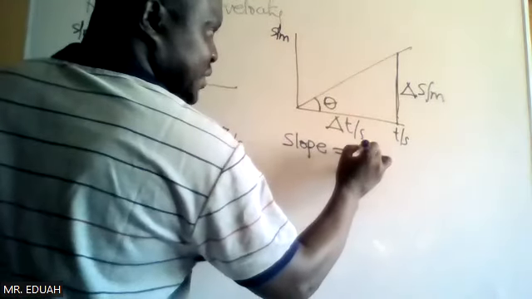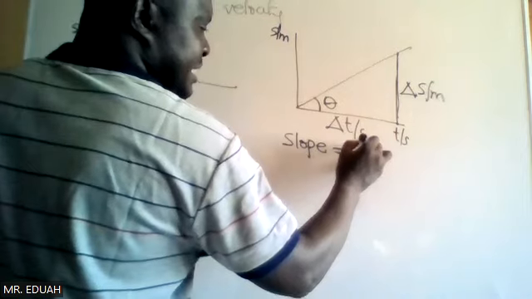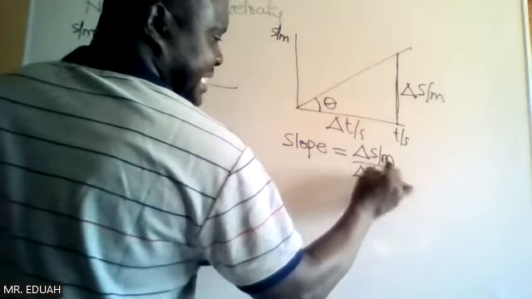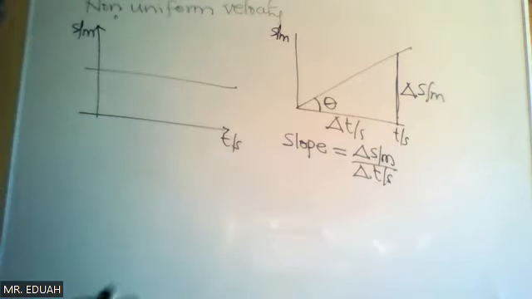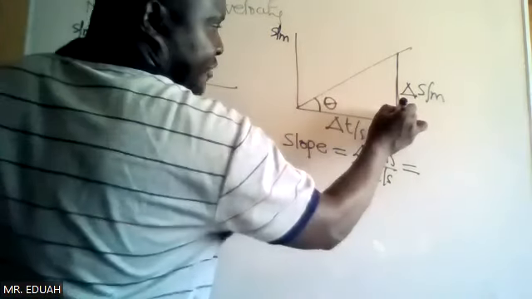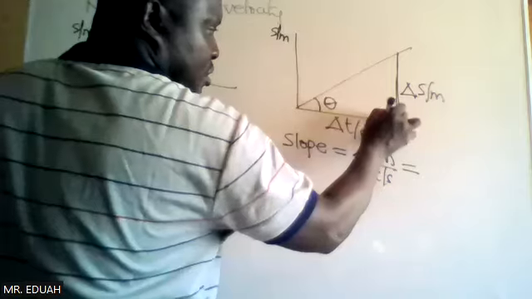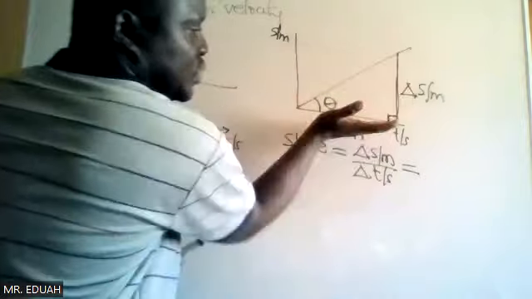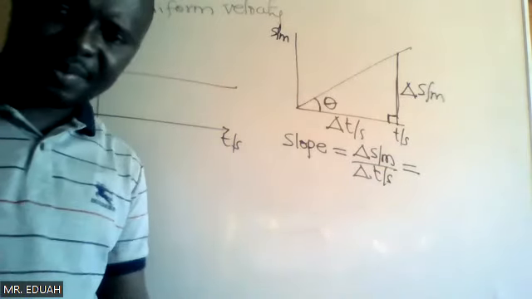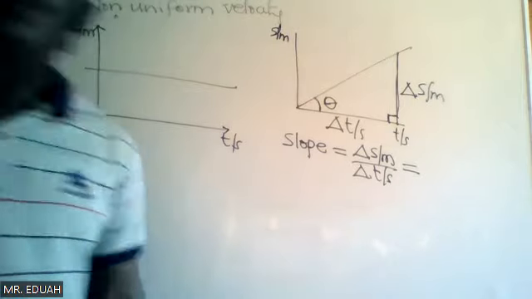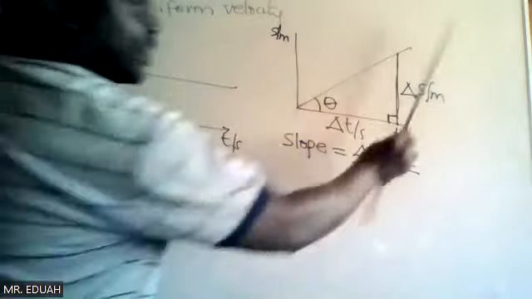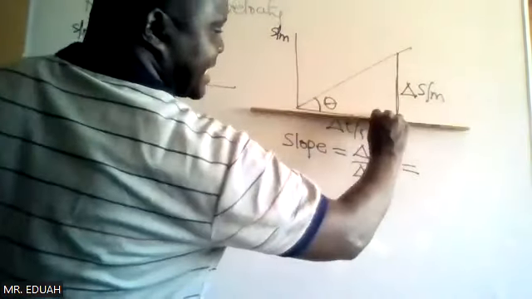So the slope, which is actually equal to delta S over delta T, actually refers to, if you have done trigonometry, when you have a right angle triangle, what name do we give to the ratio of the opposite side to the adjacent? What name will you give to the ratio of the opposite side to the adjacent?